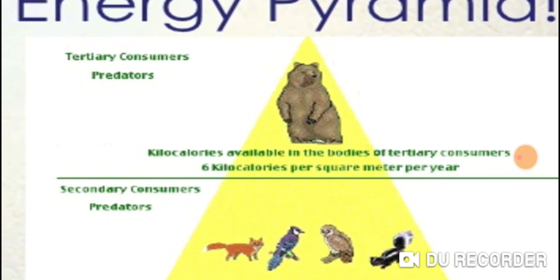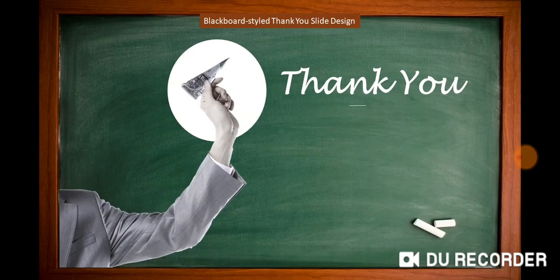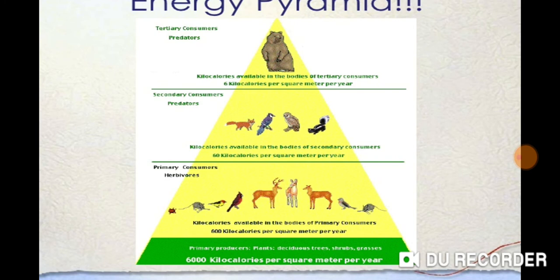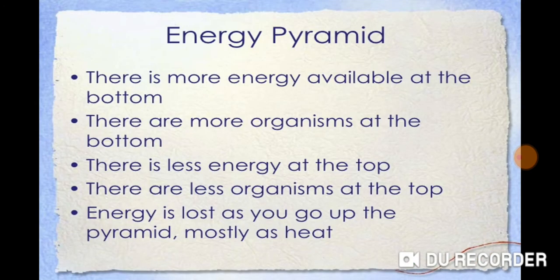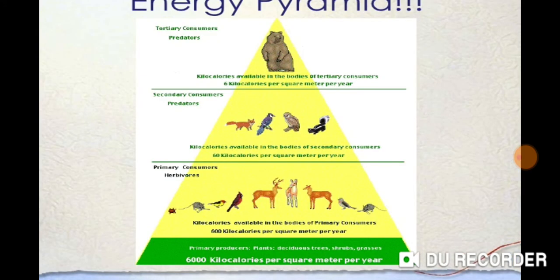This is how energy is moved in a cycle. I hope you got a better understanding of the energy pyramids, the pyramid of numbers, the pyramid of biomass from this.